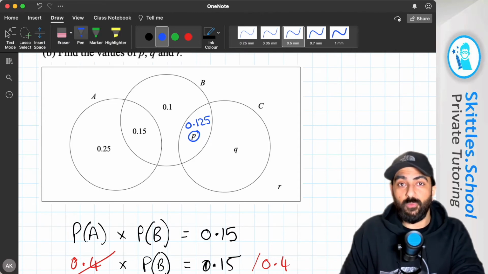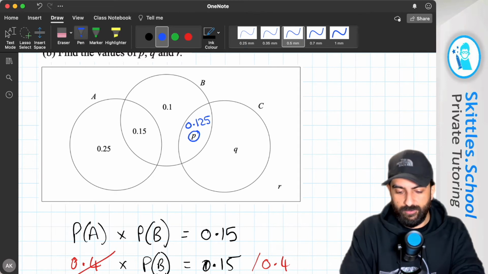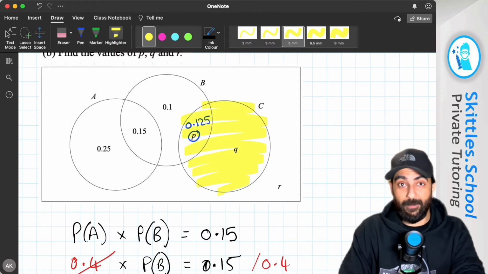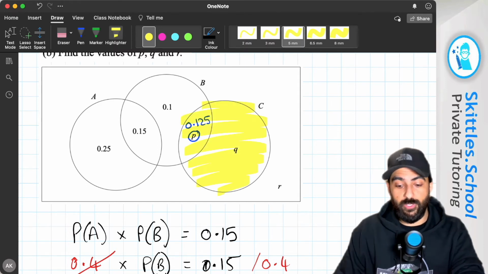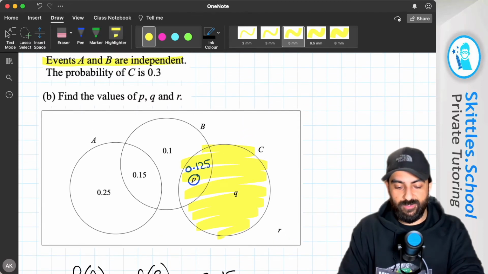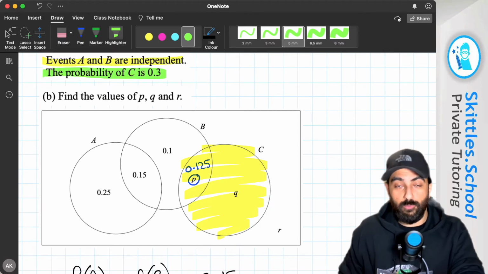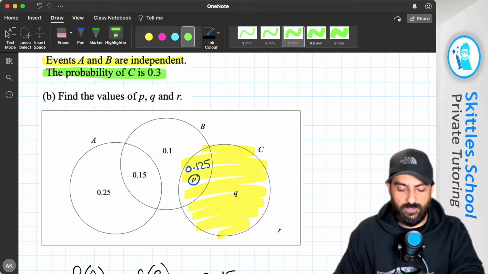Now we have P, we can use this to calculate Q. Q is the probability of C subtract the probability of P. So it's all of C, subtract P, leaves us with Q. We know what C is, it told us in the question: the probability of C is 0.3.